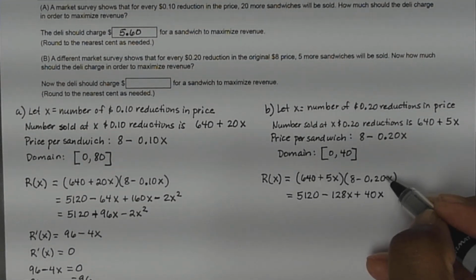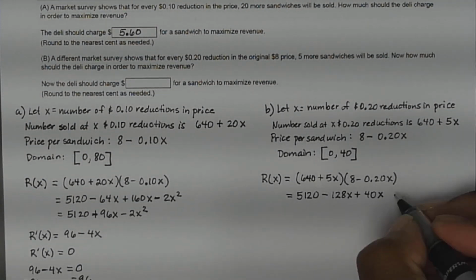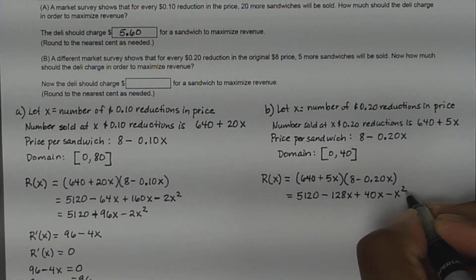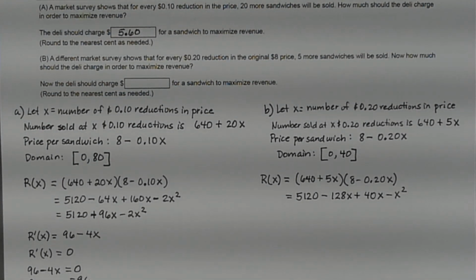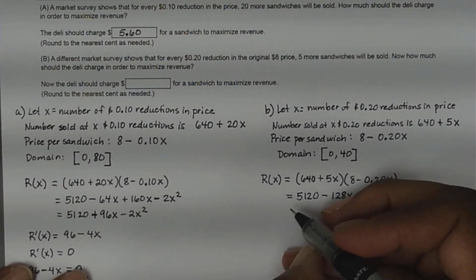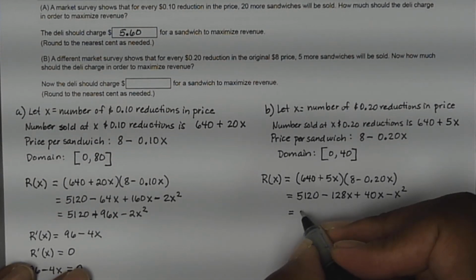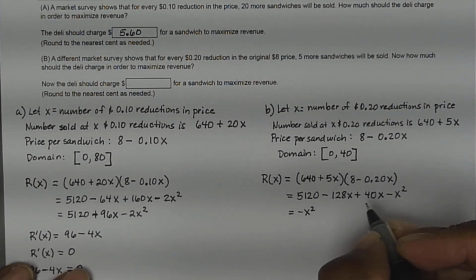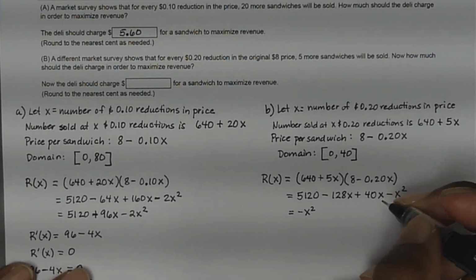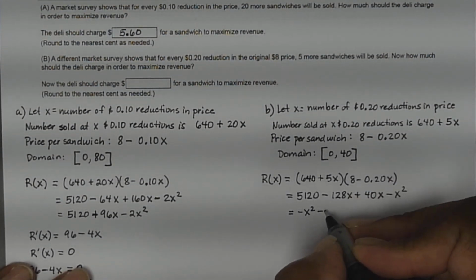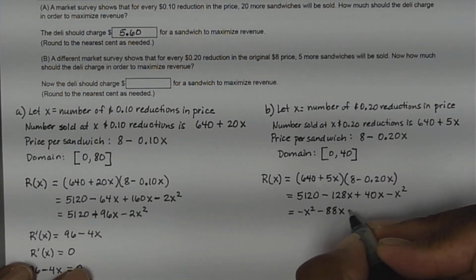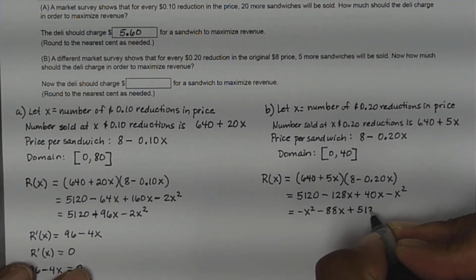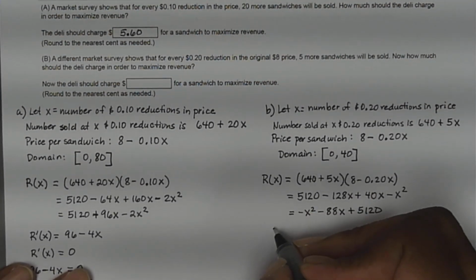And then 5x times a minus 0.20x will be a minus x squared. If I combine like terms and put these in descending powers, I'm going to have negative x squared, minus 128 plus 40x will be minus 88x, plus 5120. That's R of x.